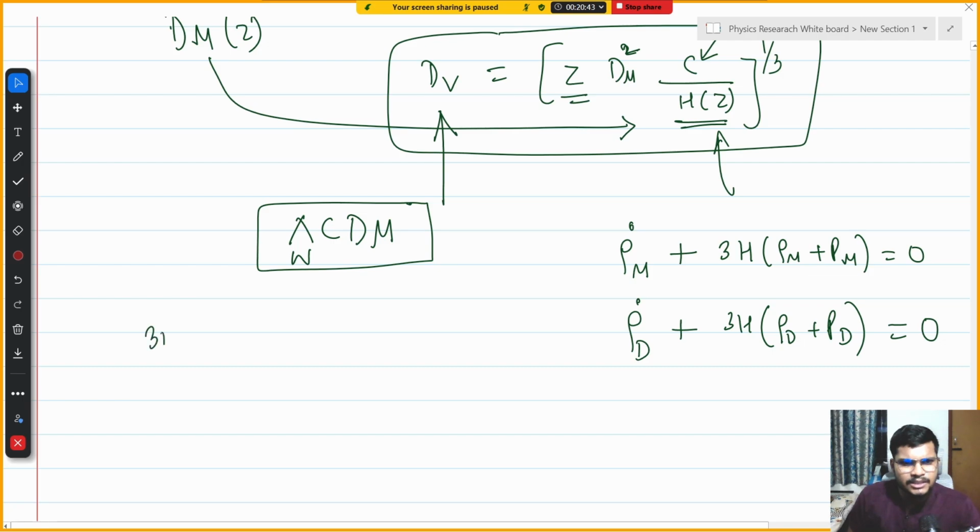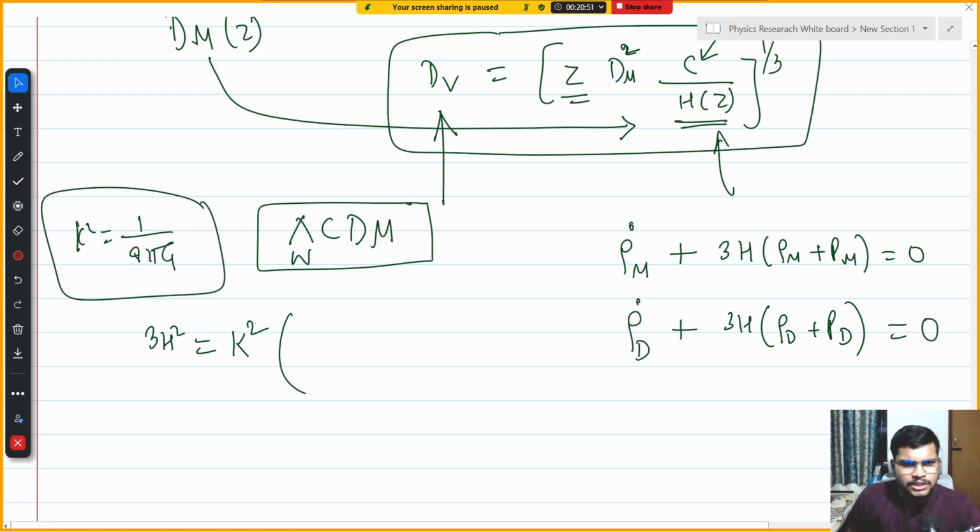So over here you can see that you have the Friedmann equation. There is another recipe over here. Kappa squared is basically 1 over 8 pi G, the inverse Planck mass squared, and you have rho m plus rho lambda, right?